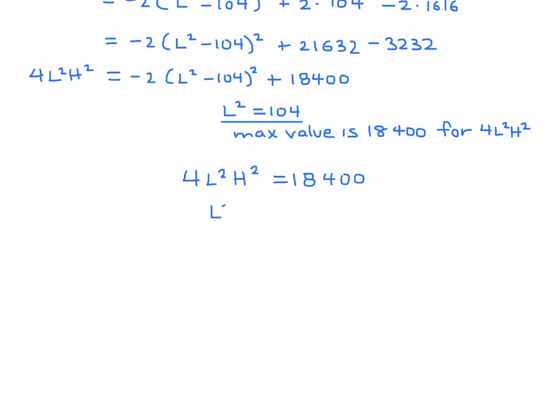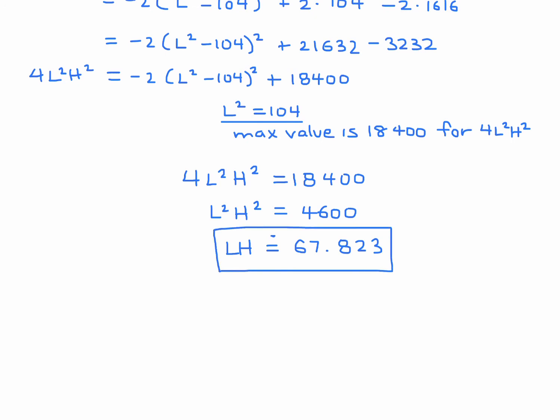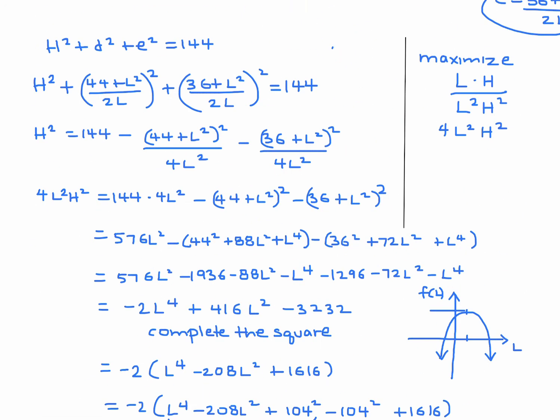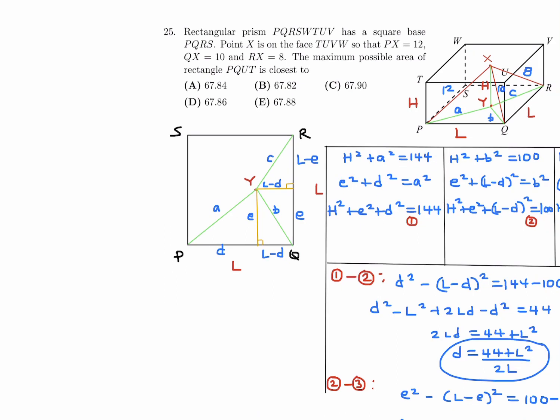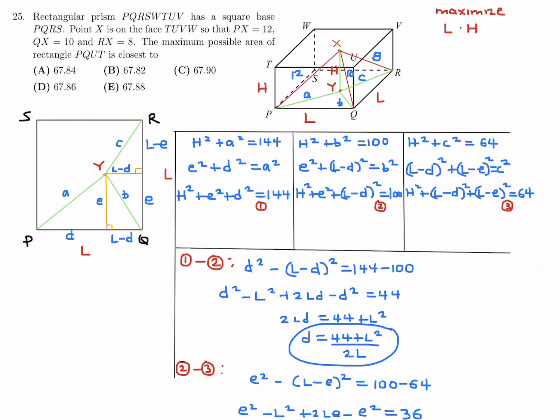Well, divide both sides by 4, and you will get 4,600. And then take the square root of both sides just to get LH. And when you do, you get 67.823. And there you go. That is the maximum value for L times H. 67.823, and that would make number 25. The closest value is B.